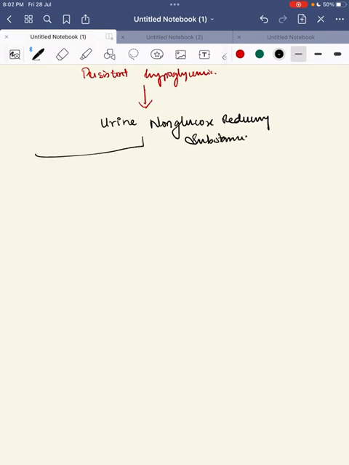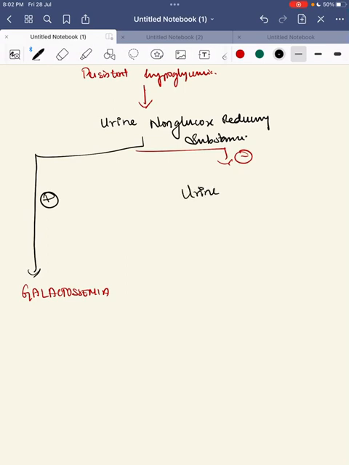When urine non-glucose reducing substance is positive, then you can diagnose it as galactosemia. When this is negative, next you have to look for urine ketones.